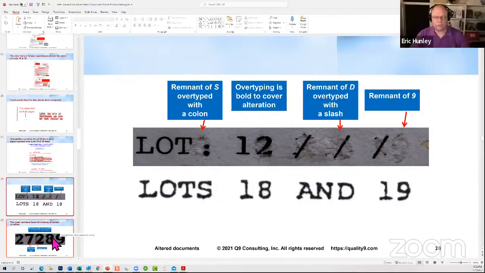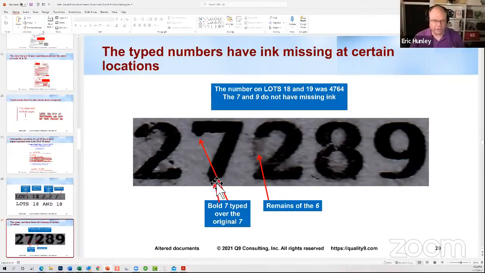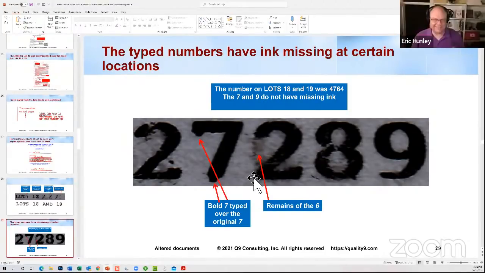Okay. That makes sense. And then looking here on another part of it, we can see that they typed a 7 over a 7. And you can see the old one had a little dimple, like a little serif. Yeah. And it came down a little further. You can see the little lump there.